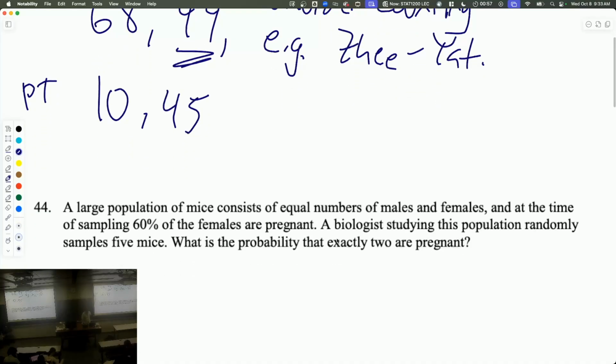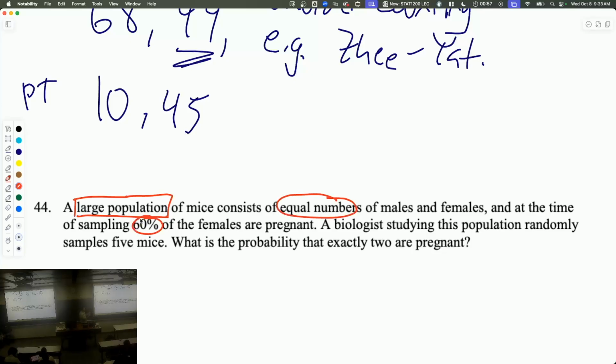Okay, so a couple things to watch out for on this question. There are a couple of coded, hinty things. When you're decoding this kind of thing, the first thing I would notice is a large population. Then they tell me some numbers: the equal numbers, and the 60%.